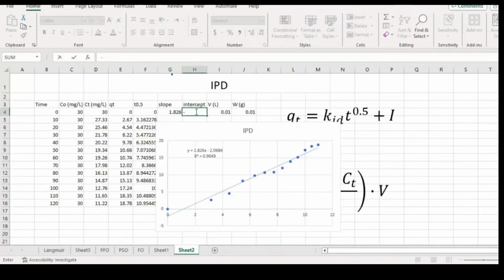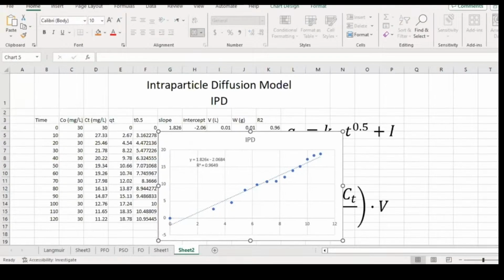As our intercept value is minus 2.06, this means that there are different factors affecting the process, so the intercept can be negative. The negative intercept can be explained by the combined effect of film diffusion and surface reaction control.